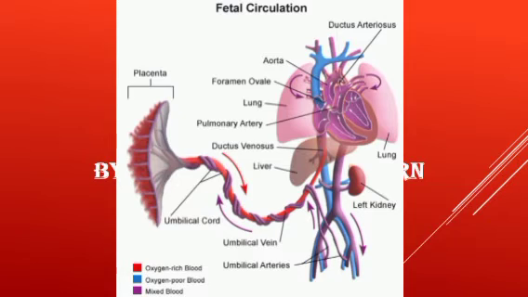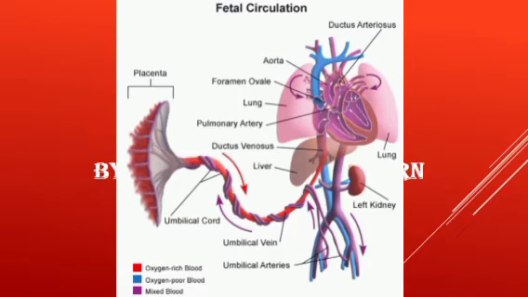So the umbilical vein carries oxygenated blood from the placenta to the undersurface of the liver. Then in the liver, we have a vessel that carries this blood into the inferior vena cava. So that vessel, we call it what? The hepatic vein.